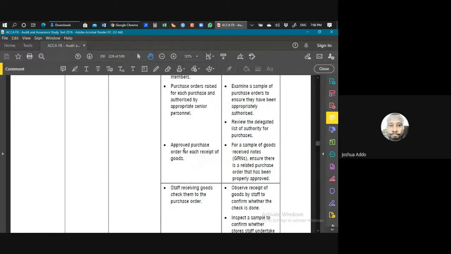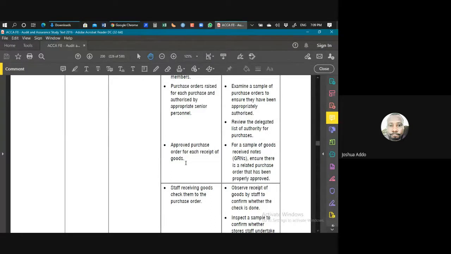Another control is an approved purchase order for each receipt of goods. When the goods are received, we have to check that the purchase order that is bringing those goods into being was actually approved, and that nobody fictitiously passed in some purchase order. So it has to be the approved or the official purchase order.